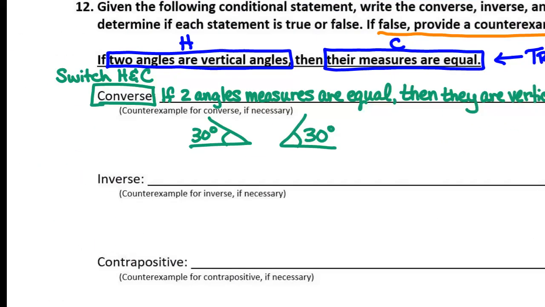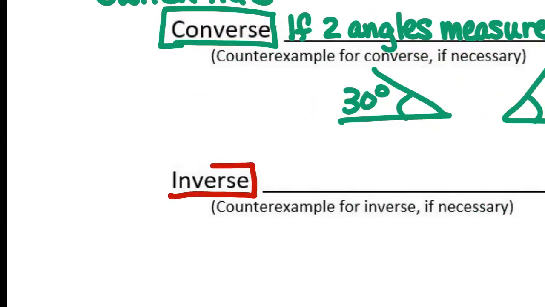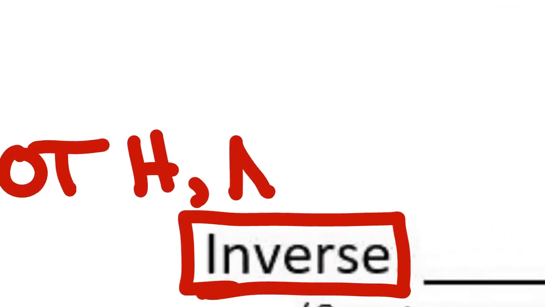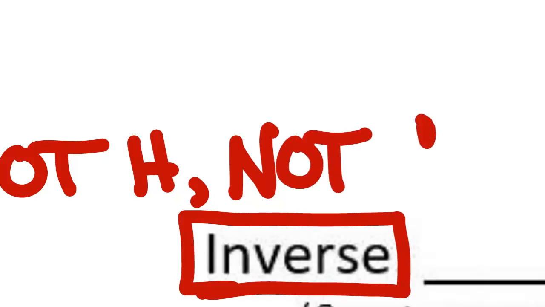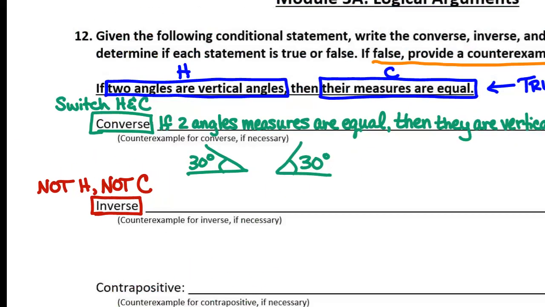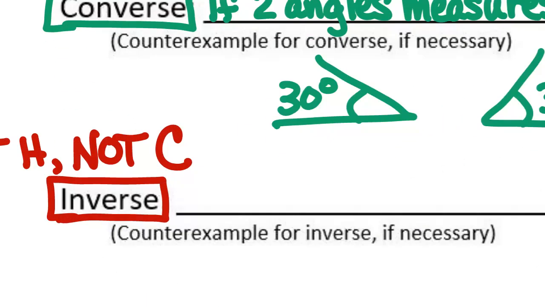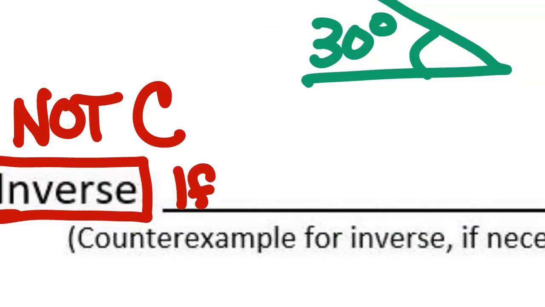All right, to write the inverse, we leave it in its same order, but we put not, and then our hypothesis, and then we put not, and our conclusion. So instead of if two angles are vertical angles, we're going to say if two angles are not vertical angles.